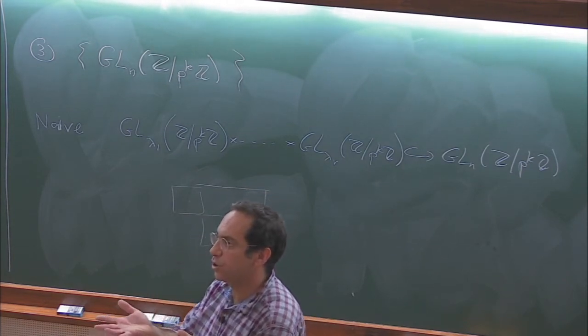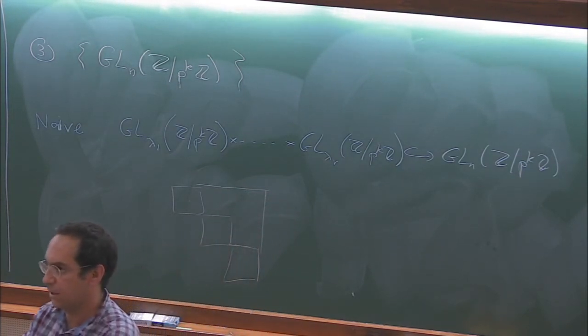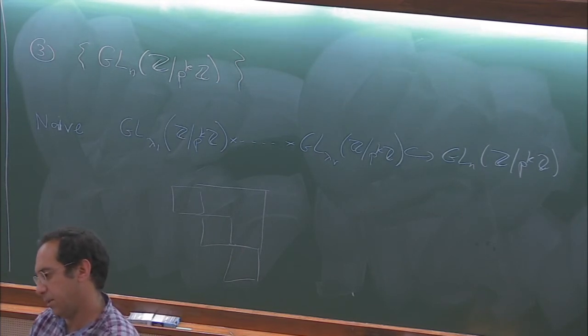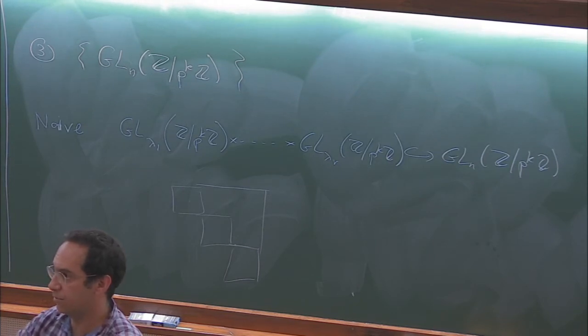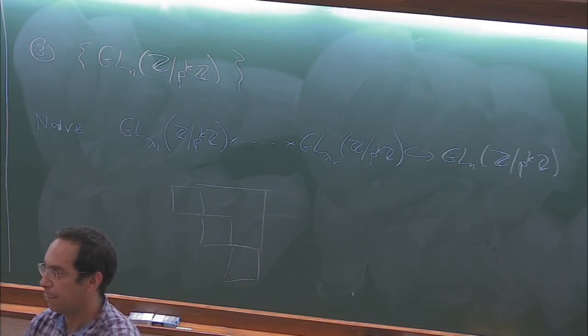looked at the relative position of two flags over a finite field, then these relative positions are measured by the symmetric groups. The only thing you need to know is the dimensions of the embeddings.